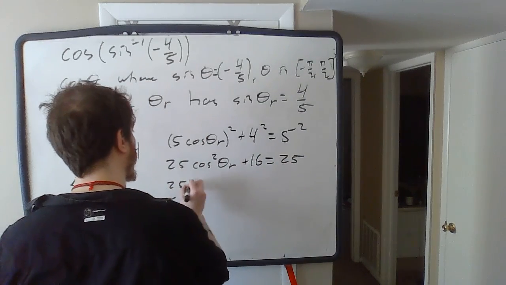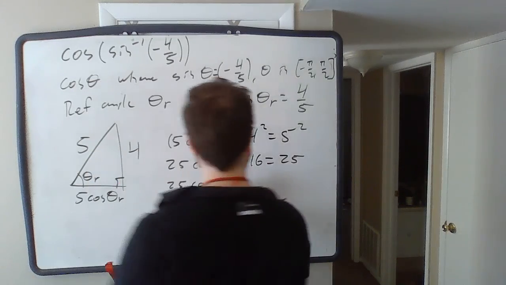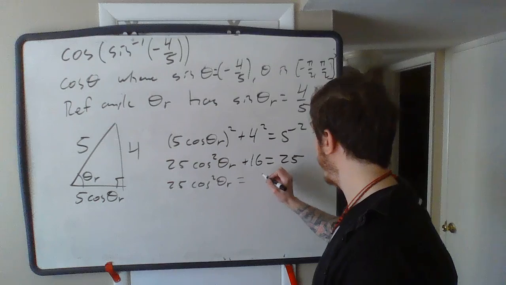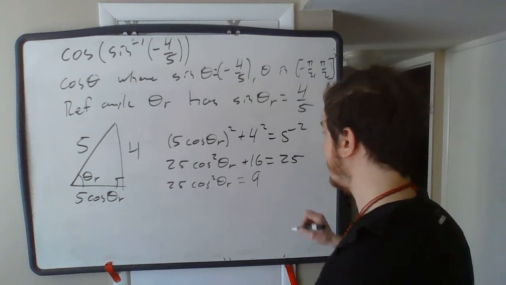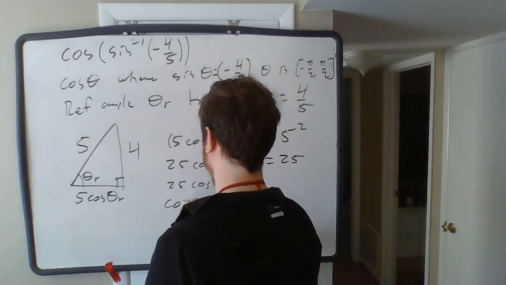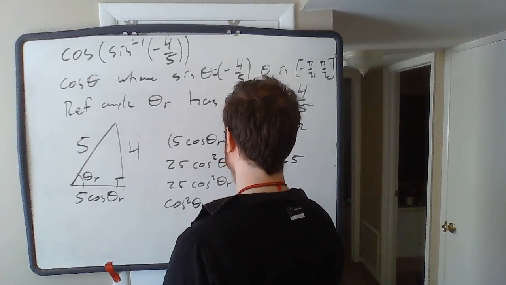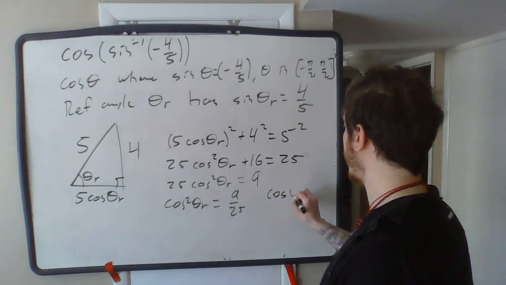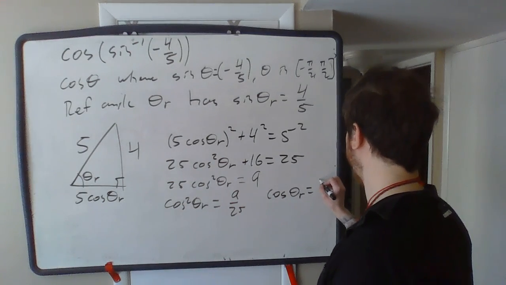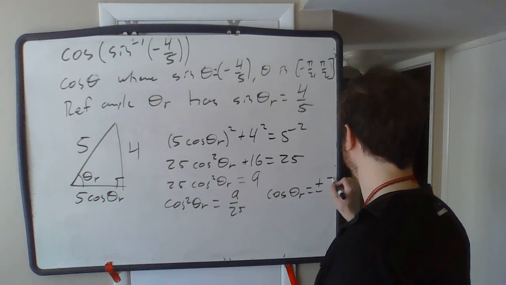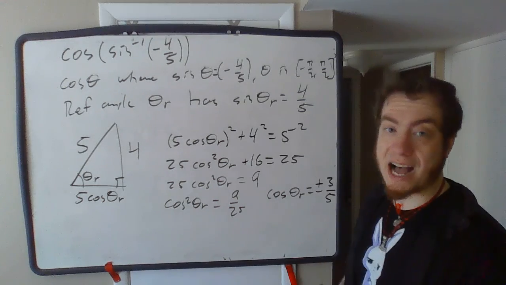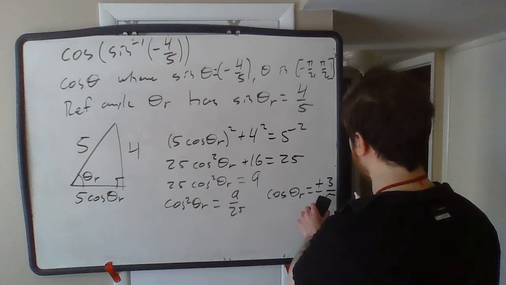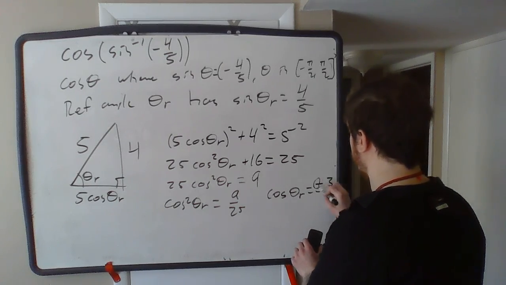So 25 cosine squared theta r is equal to 9, and cosine squared theta r equals 9/25. This means that the cosine of my reference angle is actually plus or minus 3/5.